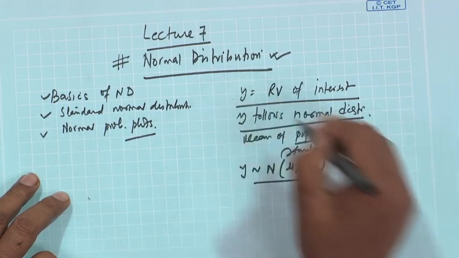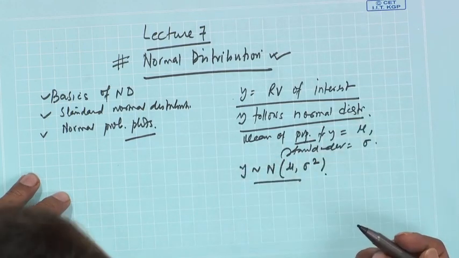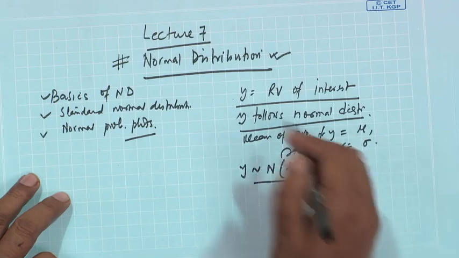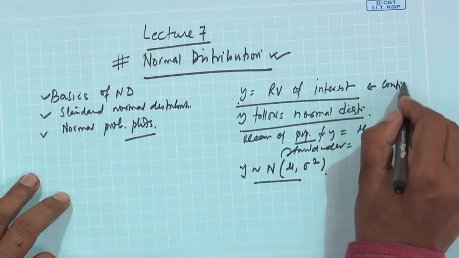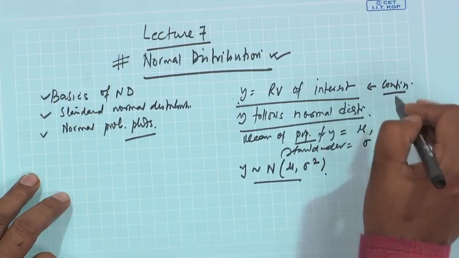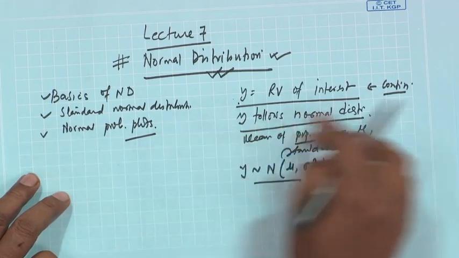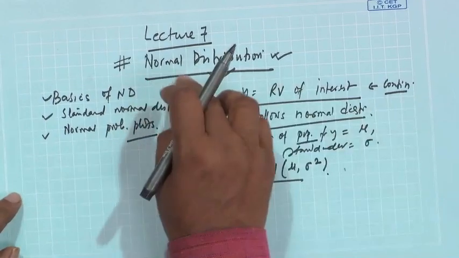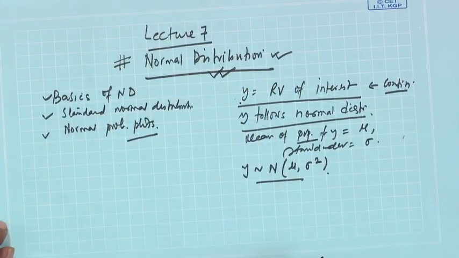If I say y is normally distributed, immediately you will be interested to know what the probability density function of y is, because y is a continuous variable, and the normal distribution is a continuous probability distribution. So, if y is a discrete variable, you cannot use the normal distribution for y.